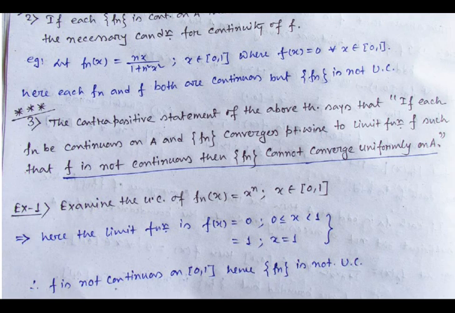But if the limit function is not continuous, then we can guarantee the convergence will not be uniform. So let us go for some examples. These examples we have done several times. Here we can see the limit function becomes 0 and 1, which is discontinuous at x equals 1. So the limit function is not continuous, therefore the sequence of functions is not uniformly convergent.